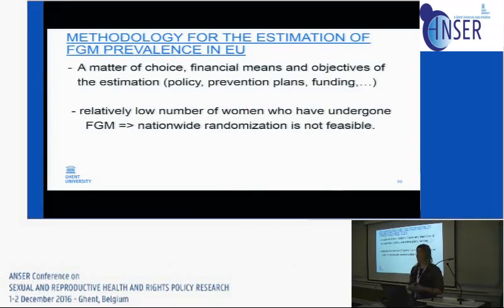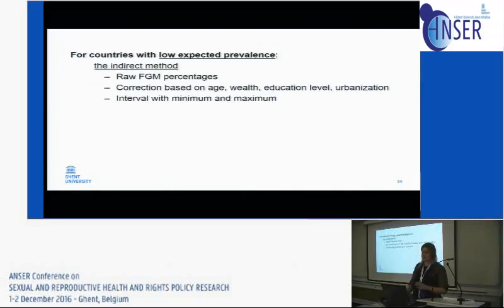That means that if you are saying, well, 1,000 women are affected or 10,000 women are affected, that's going to be a big difference. But if the difference between a direct and an indirect estimation is going to be 100 women, then it's no use doing a direct estimation because it's going to cost you more. So we would say, look at what you're going to use the numbers for.